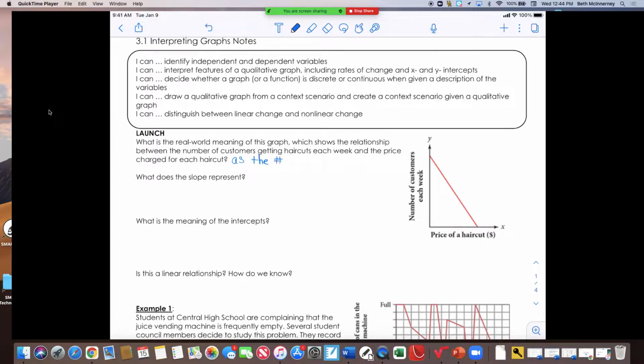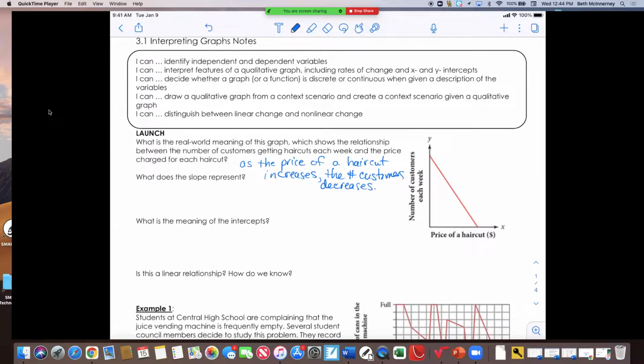Let me restate that. I think let's state it in the reverse. As the price of a haircut increases, the number of customers decreases.